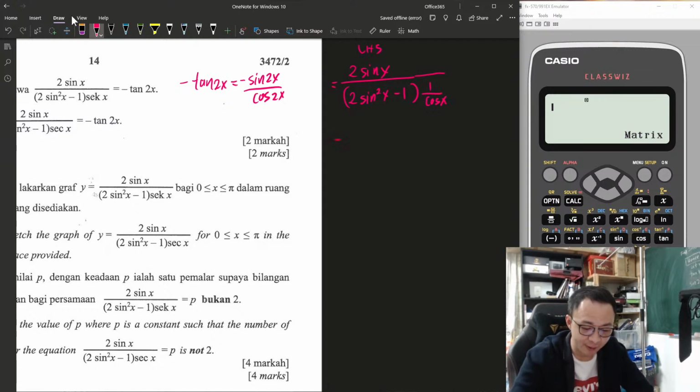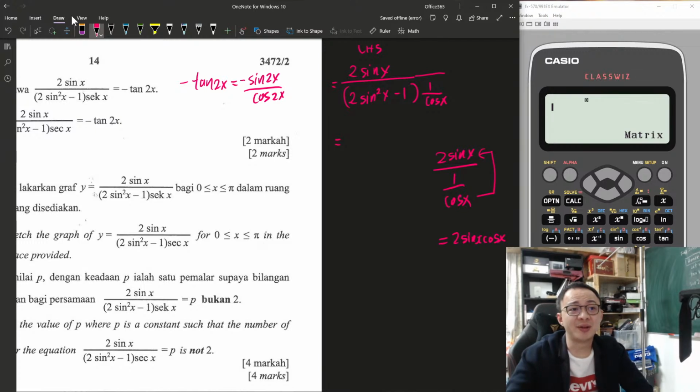You imagine 2 sine x over 1 over cos x is the same as 2 sine x cos x, isn't it? Because when we divide by 1 over cos x, we literally move the cos x to the numerator. So I will get 2 sine x cos x, which is sine 2x, later we will change. So I eliminate both of these already.